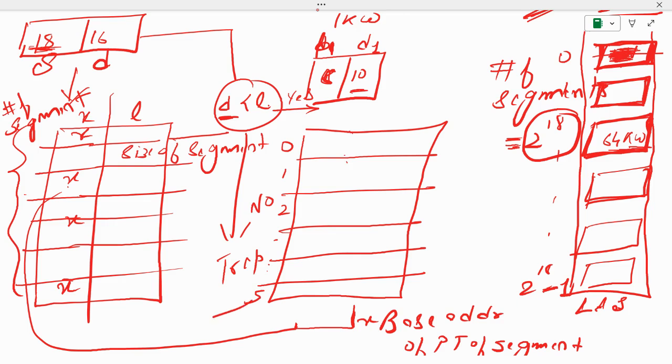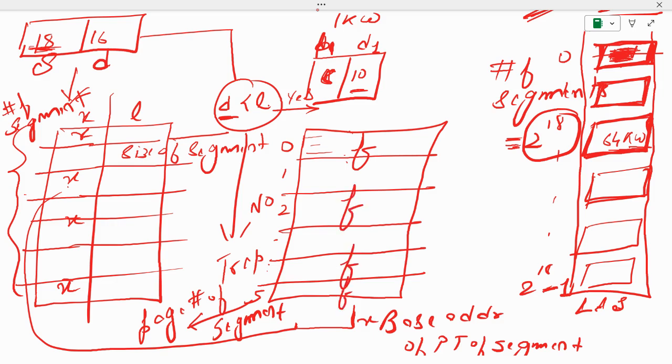Now this P1 is the page number of the segment, and D1 will be the page offset within the segment, and here it will be our frame number. Okay, so for each page we have the frame number, so this will give us the frame number, right?